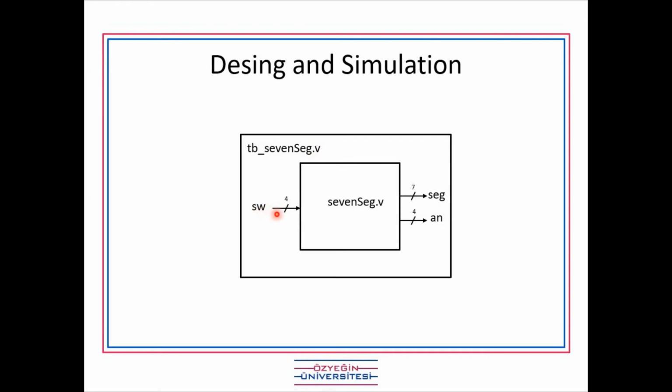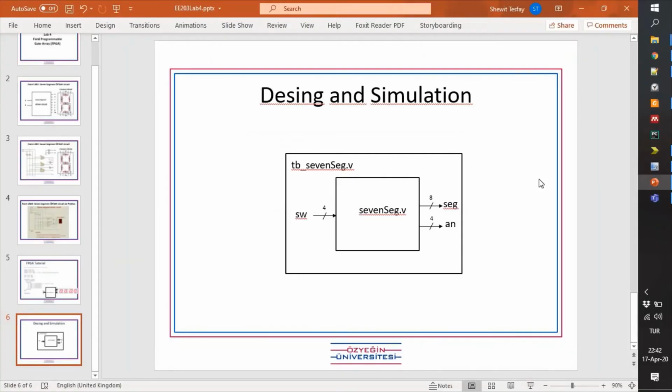The test bench will provide values here, which will set the switch value from 0 to 1 to 3 to 4 to 5 to 6 and to 9, and you will see values here in the 7 segment, 8-bit values. This is 8-bit, and we'll see the output on the 7 segment part, which is seg.